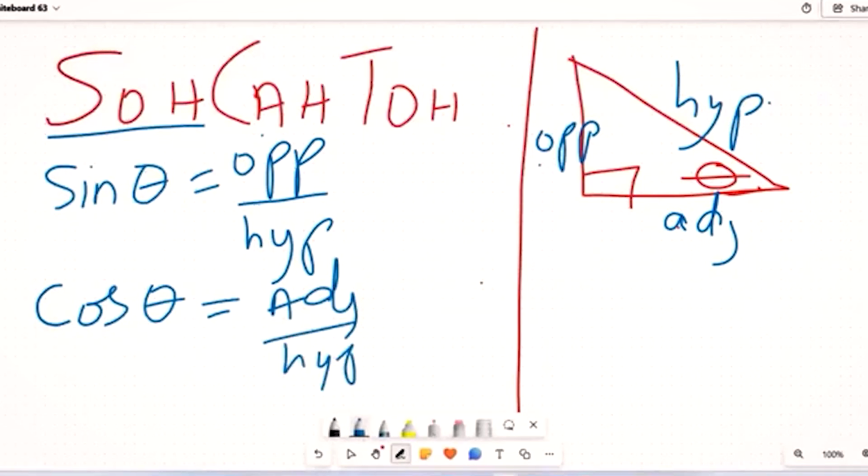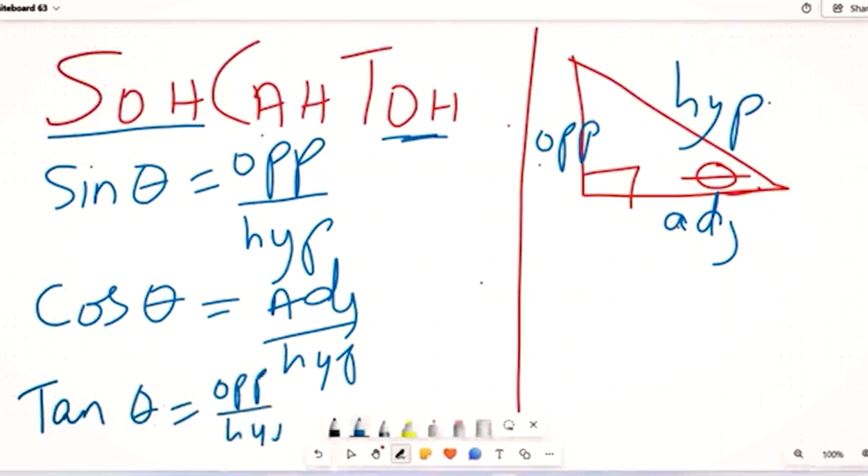And tangent of theta, tan theta, is opposite over adjacent. Also, sine, cosine, and tangent have brothers, or you can call them sisters.